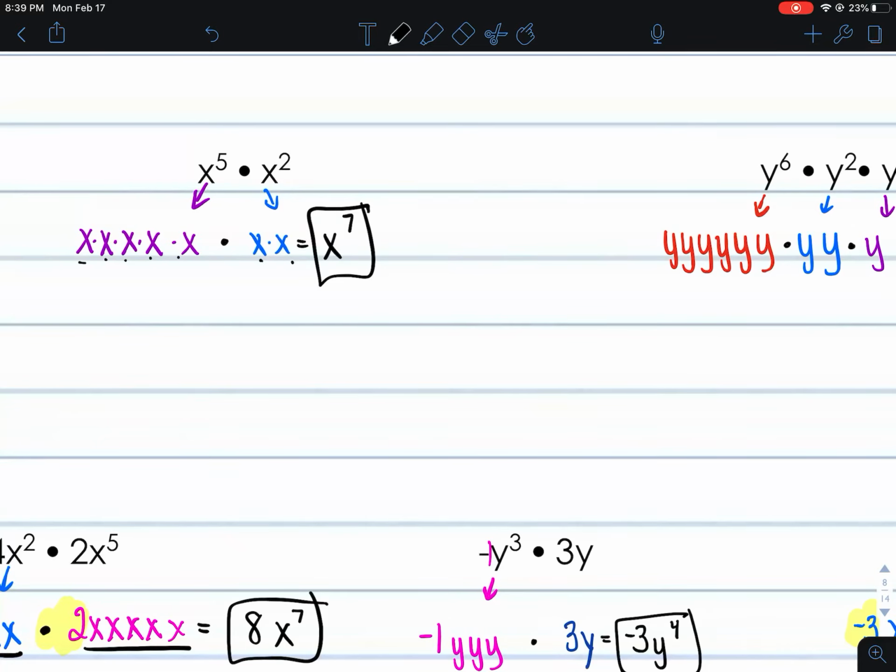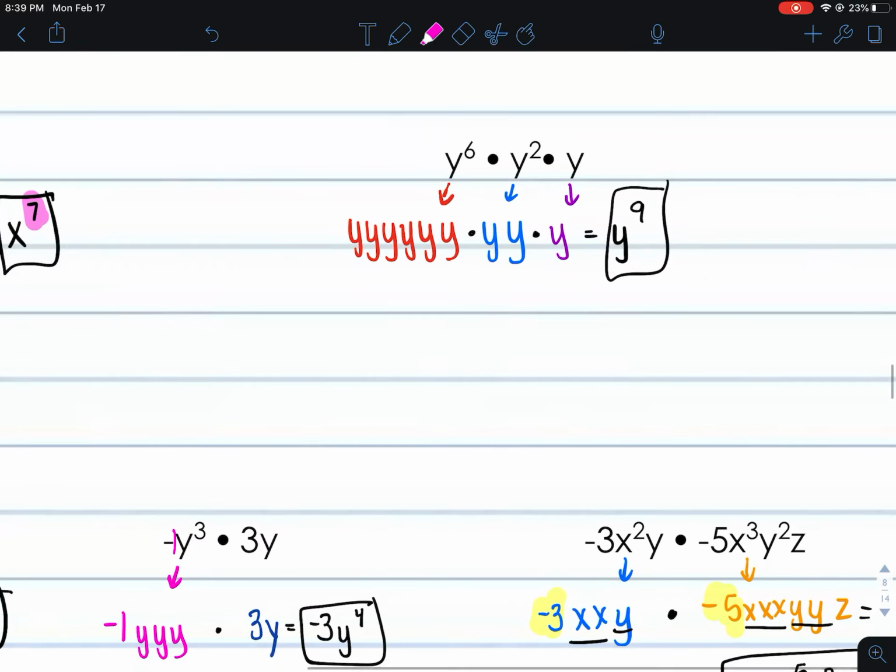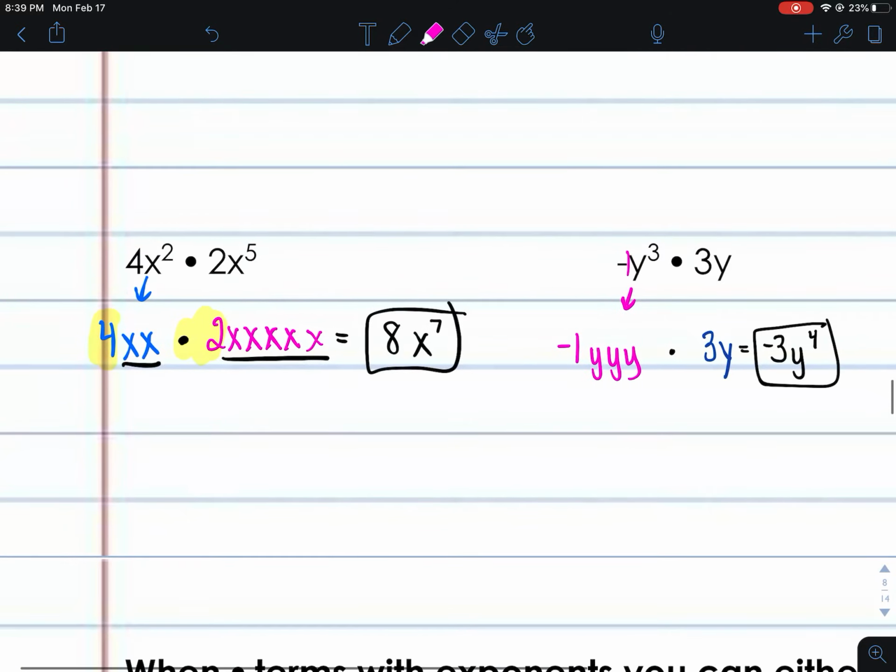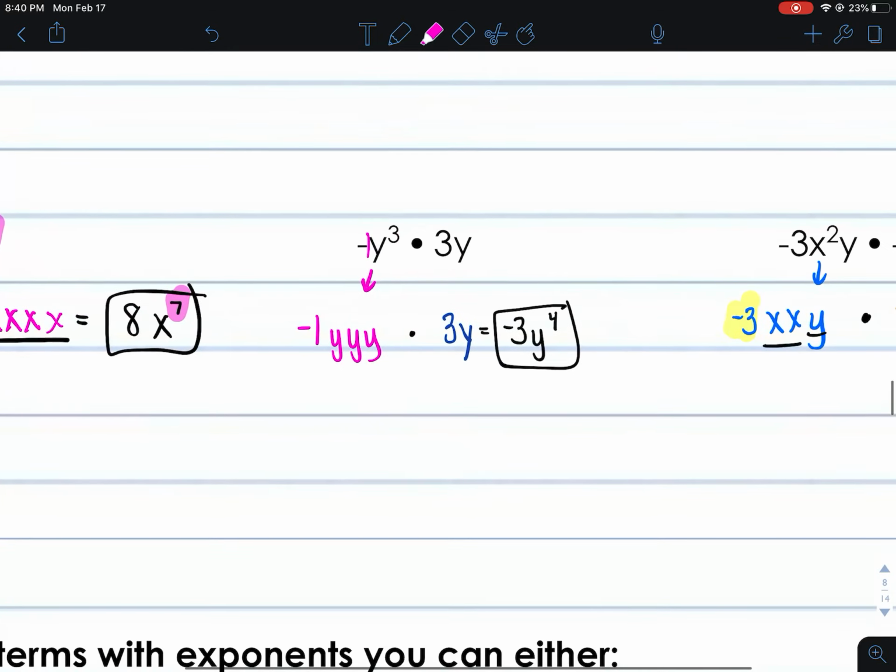But you'll notice that when you're looking specifically at the exponents 2, 5, and 7, this exponent we're going from 6, 2, and don't forget the base rule: if there is no exponent, the exponent's a 1. That's a good assumption to talk about as well. So 6, 2, and 1. So that would be 9. 2, 5, 7.